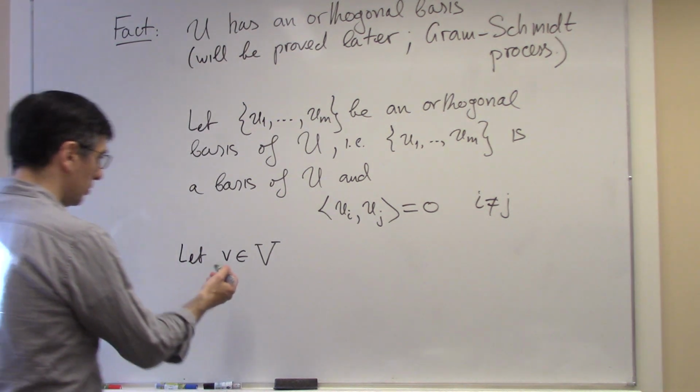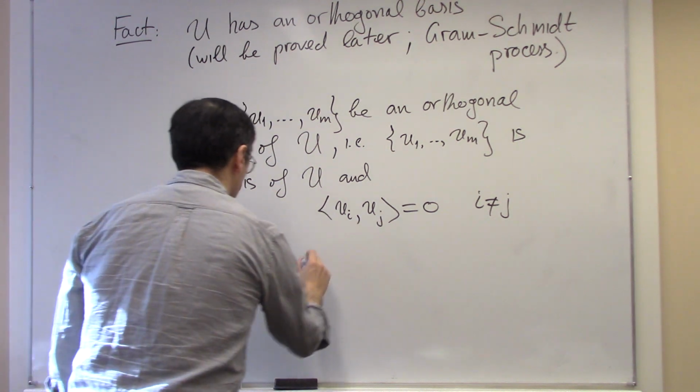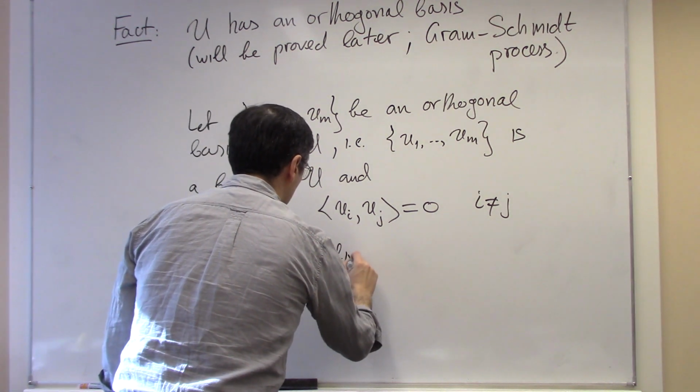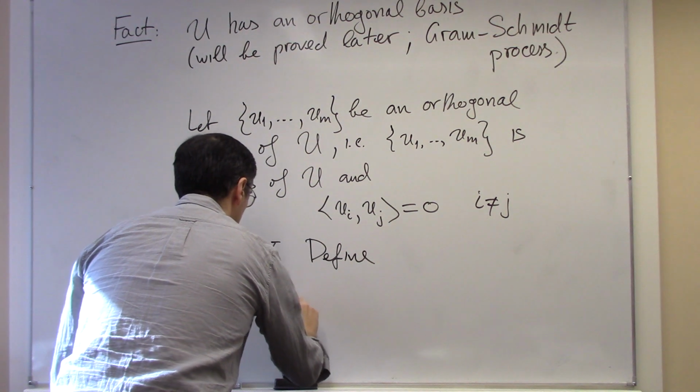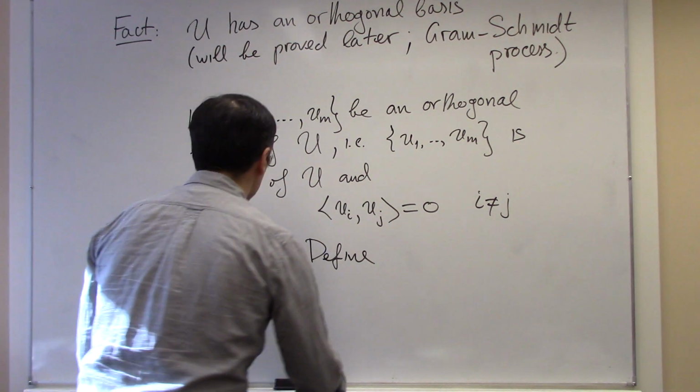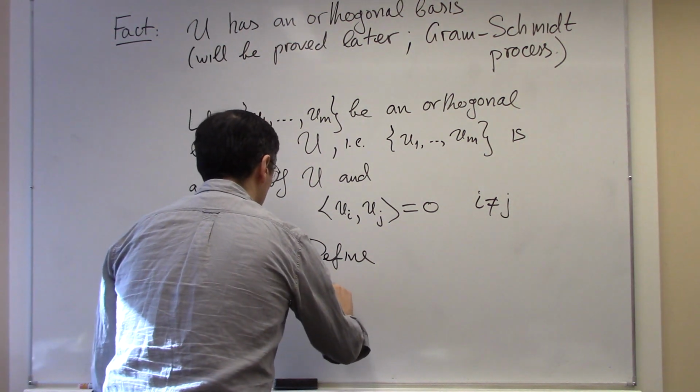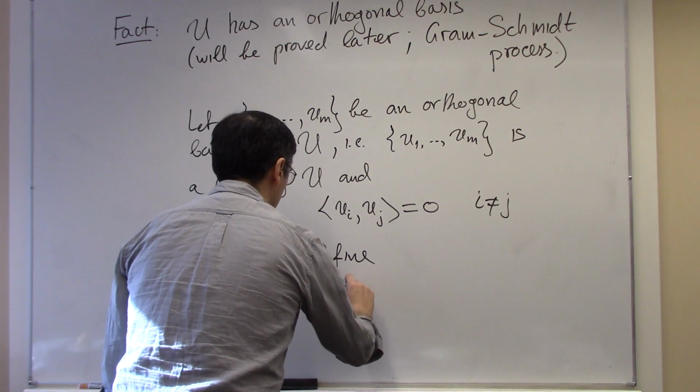So what you do is that you define this vector u, which is given by you take v with u1.